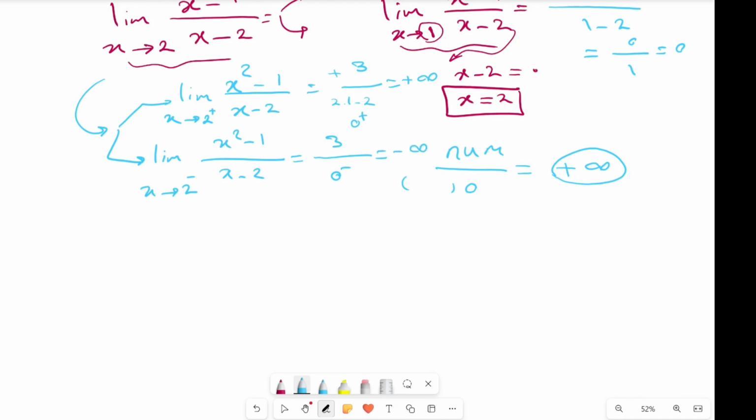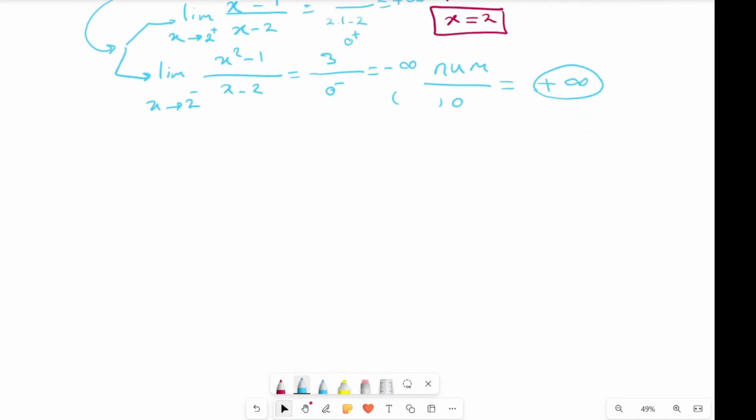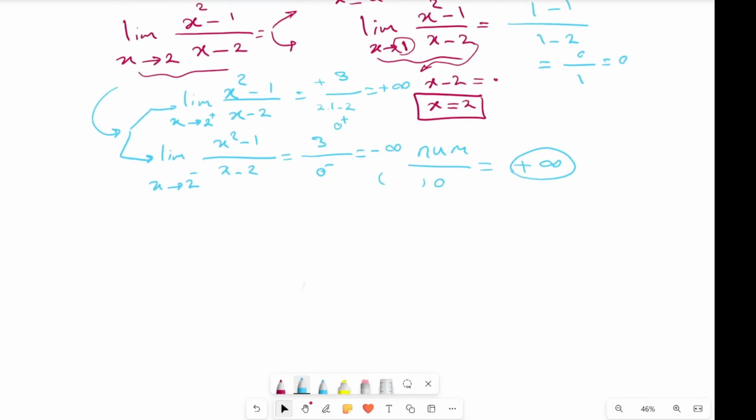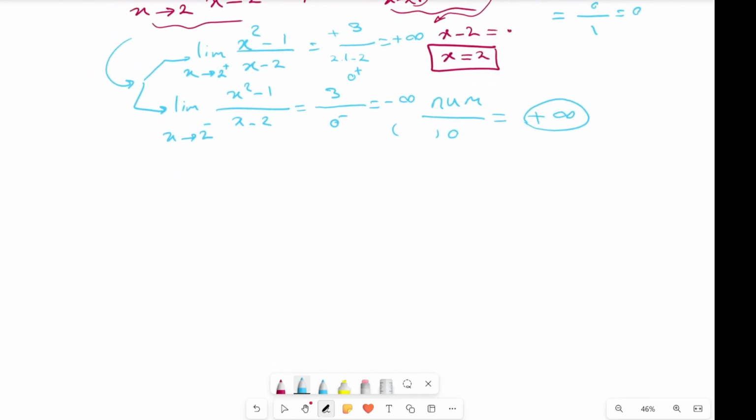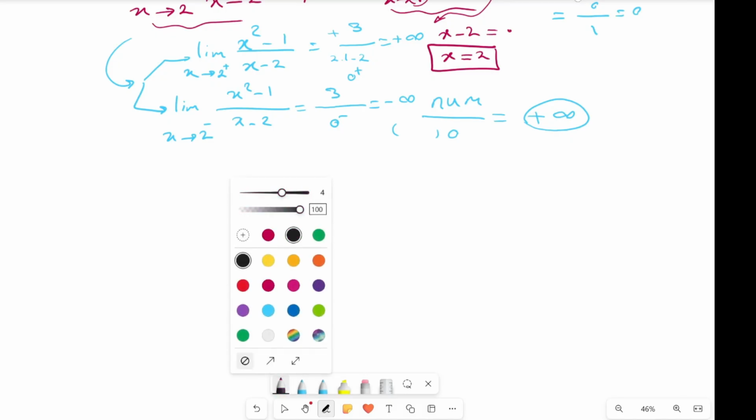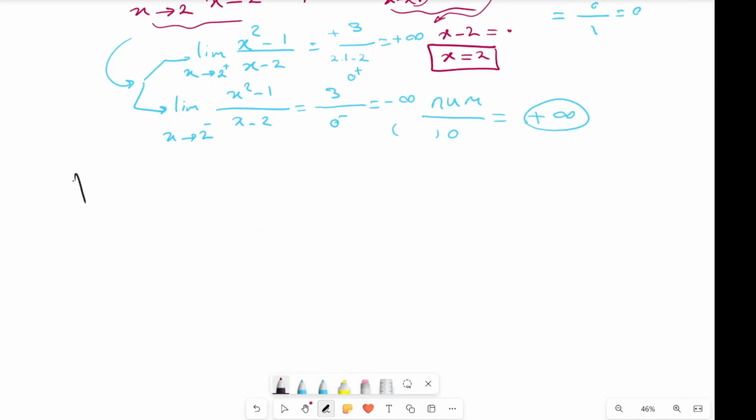Okay, guys, you must consider that for the root of an absolute value, the condition is the same. For example, if you're going to calculate, a simple question, the limit of absolute value of x minus 1 over x minus 1 as x goes to 1.